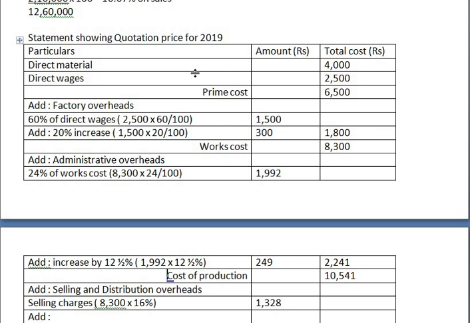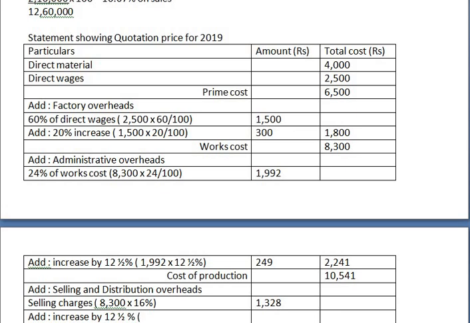Okay, yes. Now apart from this, again there is an adjustment given. Already we have read that adjustment, that is selling and administrative overheads will go up by 12.5% was given, right? Yes. Now add increase by 12.5%.